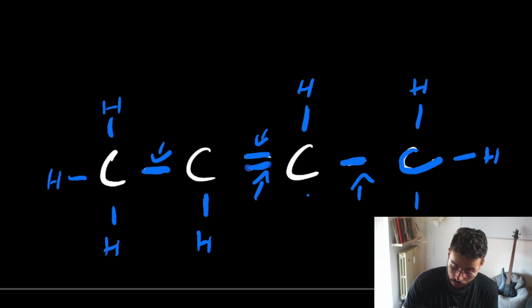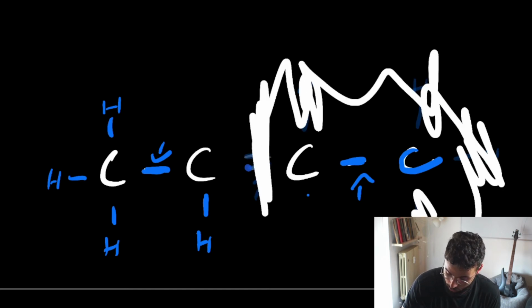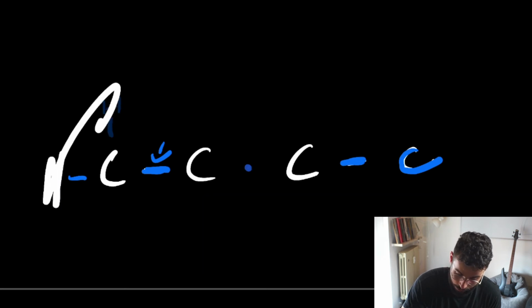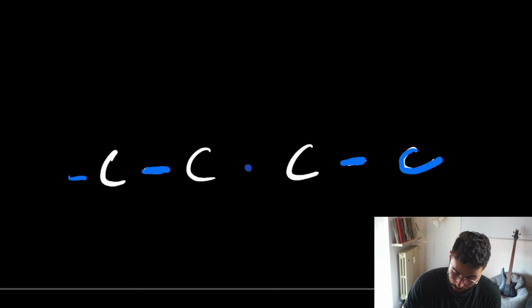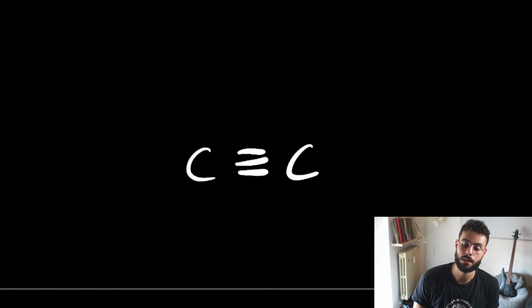We could also have a triple bond in the molecule, and then we would get something pretty interesting. So check this out. If we had a triple bond over here, what does it mean? It means both of the carbon atoms can only have 1 extra bond, a covalent bond with a hydrogen atom.